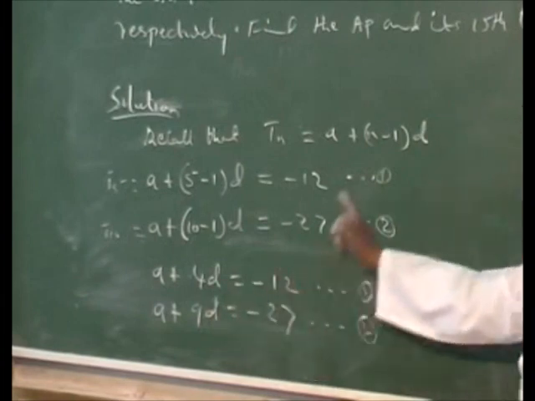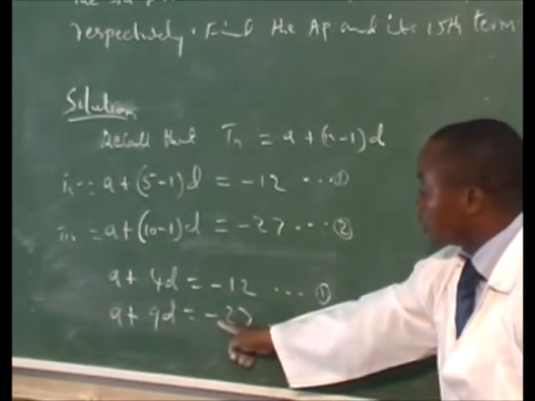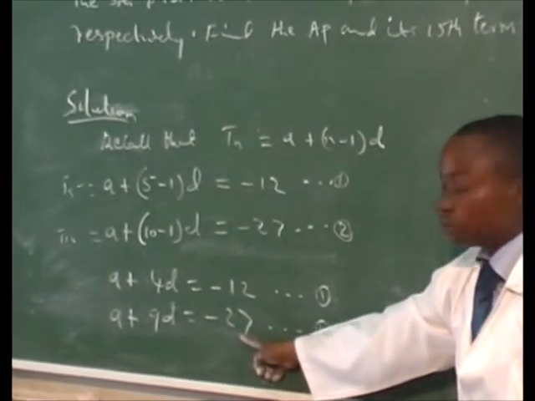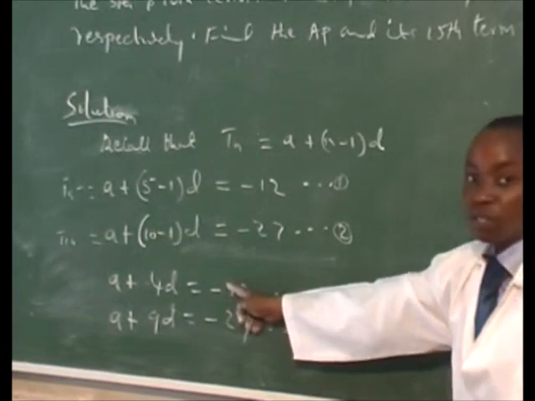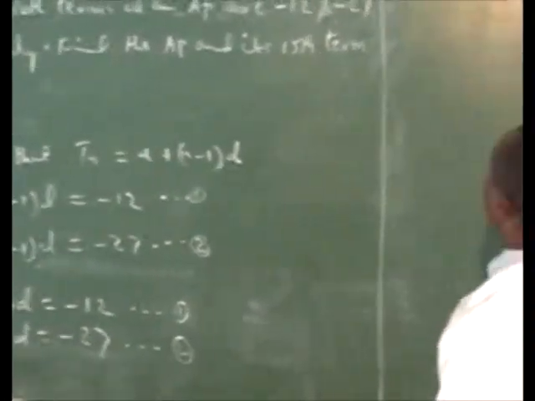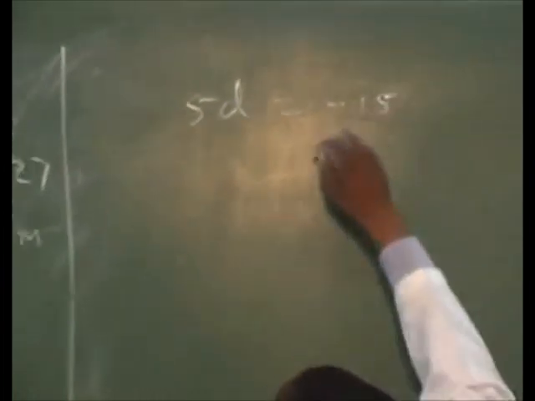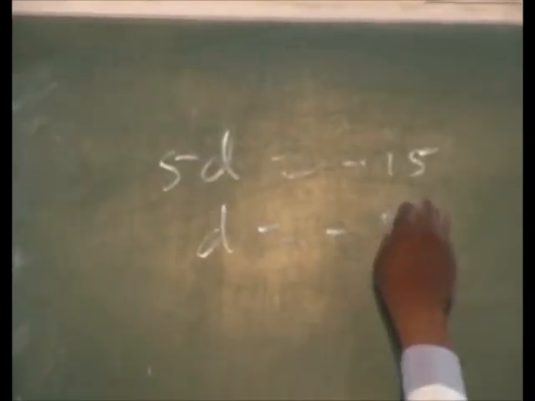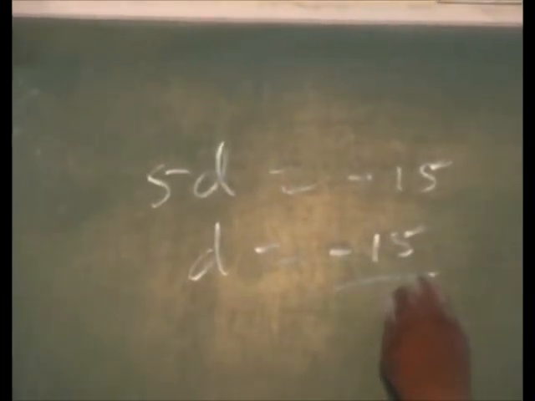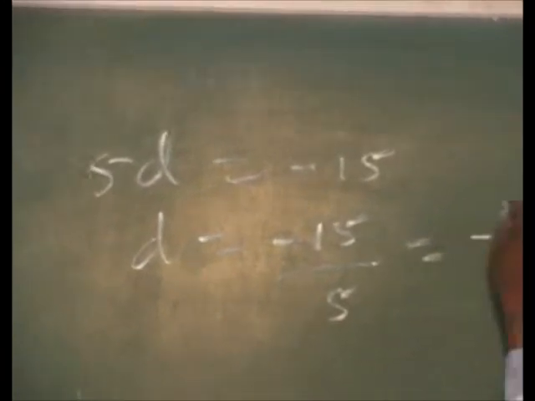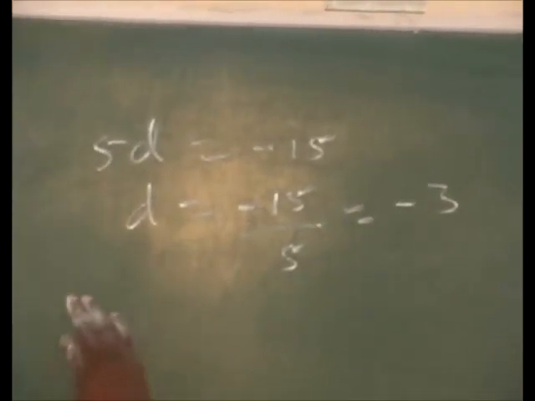Now minus 27 minus minus 12 gives me minus 15. So d will be equal to minus 15 over 5, which is minus 3. So d is minus 3.